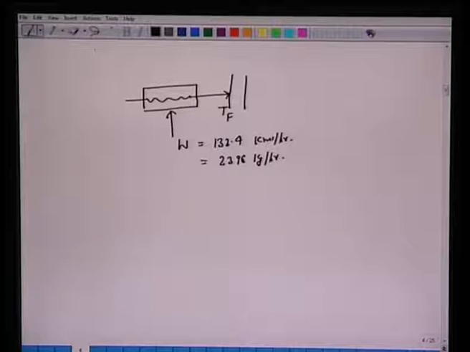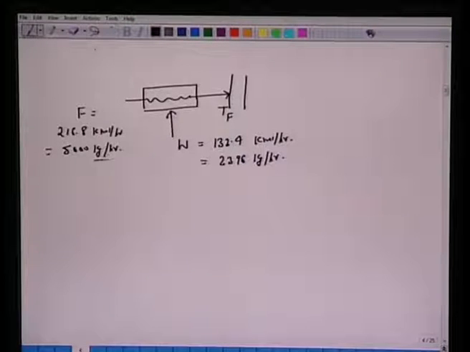Now F is given to us in the problem statement: 216.8 kilomole per hour, which corresponds to 5000 kg per hour.